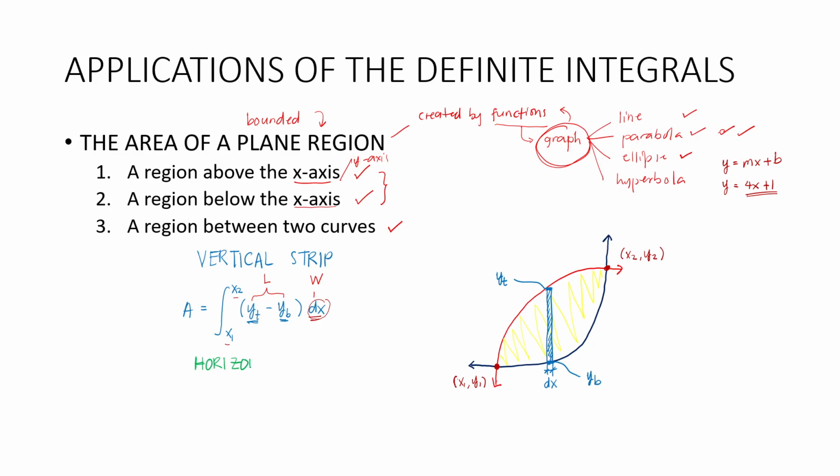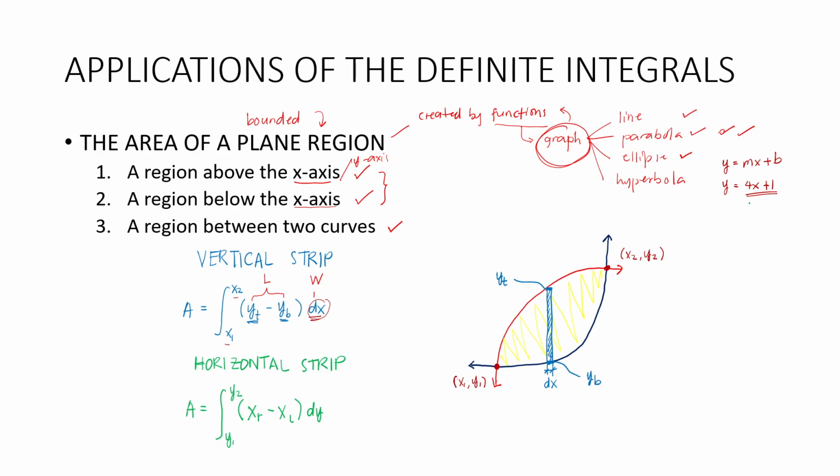So the area would be equal to, instead of y top and y bottom, since we are now in terms of y, we're going to have x right minus x left, dy from y1 to y2.